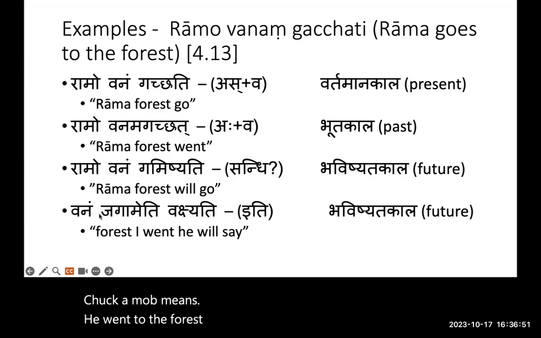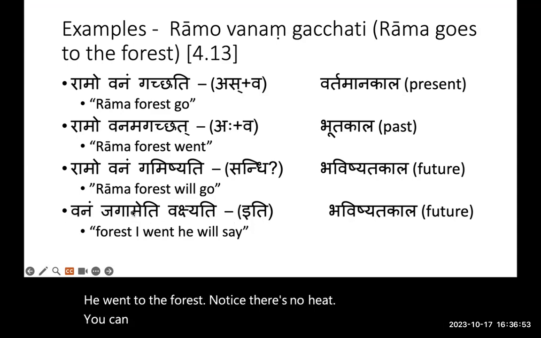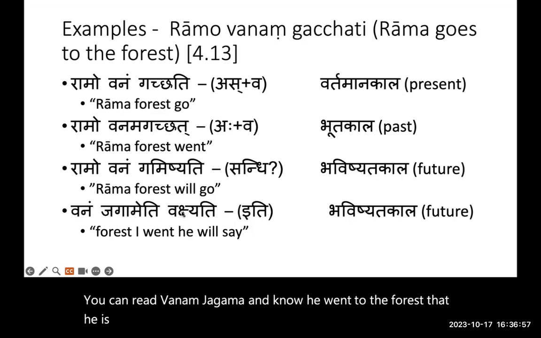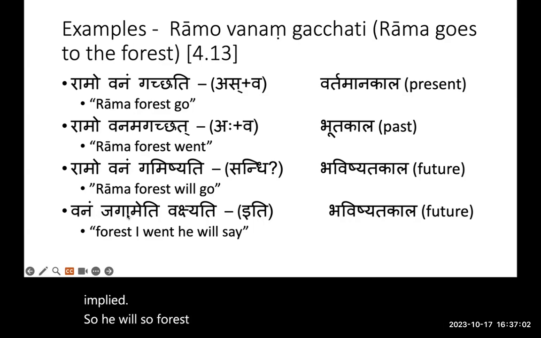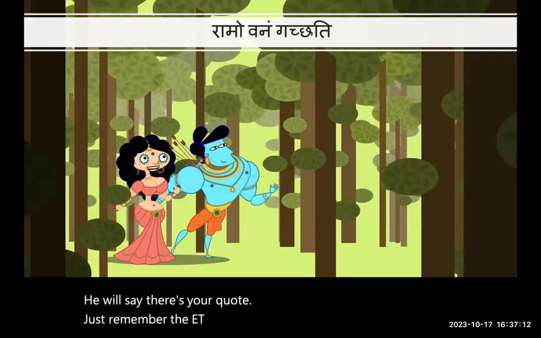Notice there's no "he." You can read vanam jagama, and you know he went to the forest. The he is implied. So forest, jagama, I went, or even forest went with the I implied. He will say, there's your quote. Just remember the iti, it will come along.